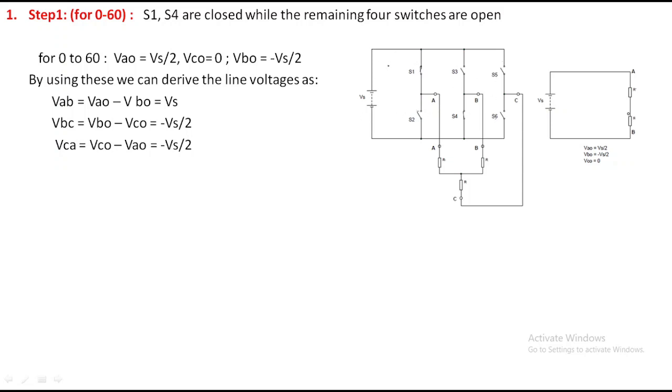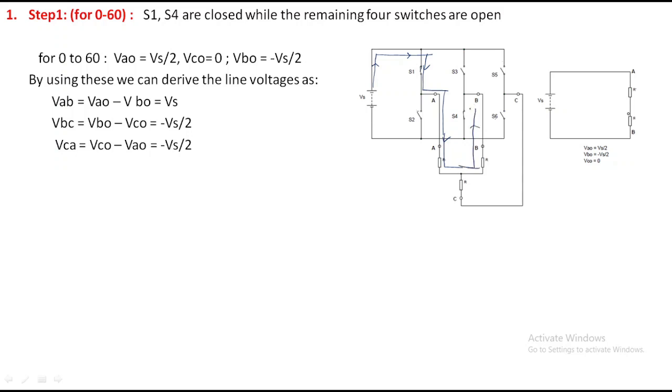Whenever it is closed, what happens? The current flow will be like this. The current will only enter into this switch, because this is open and this is open. Then the current flows through the A line. There is no current flowing in C, because it is open and it is open, so there is no path.